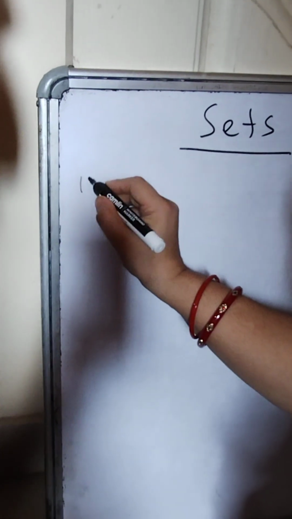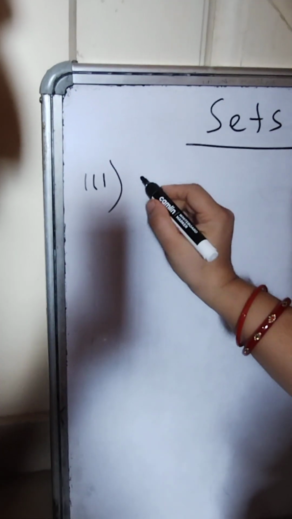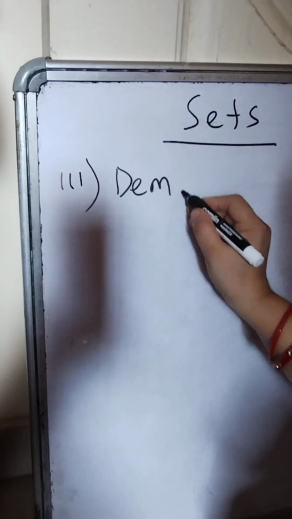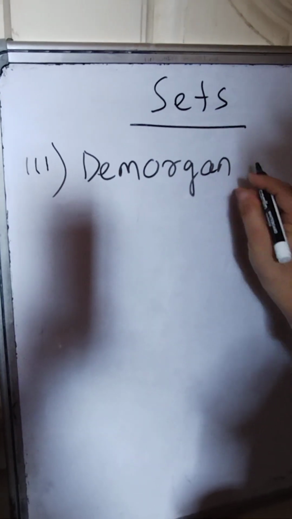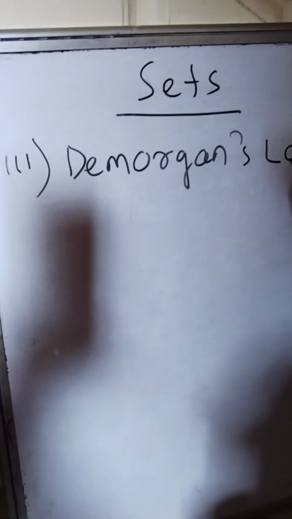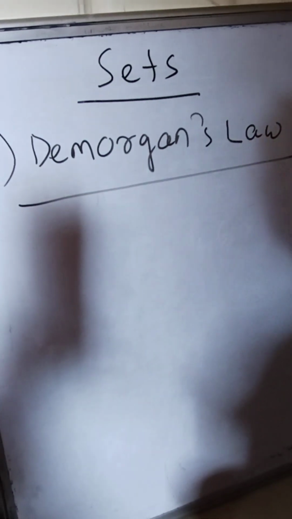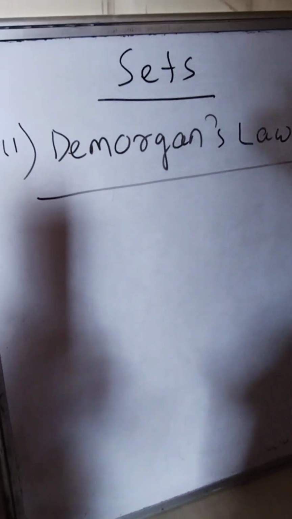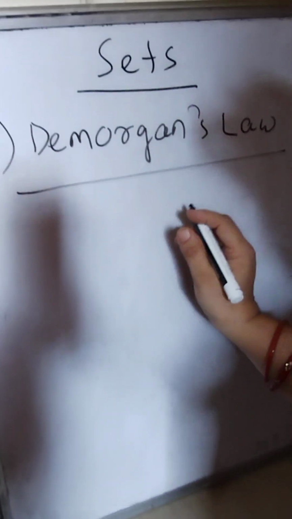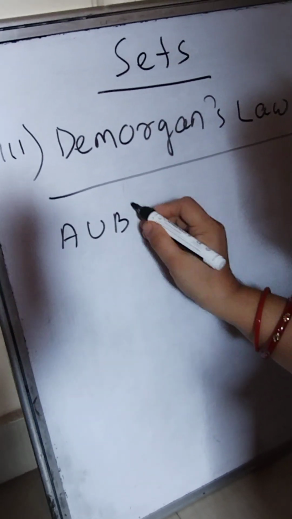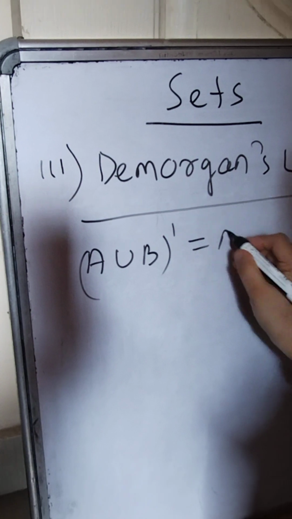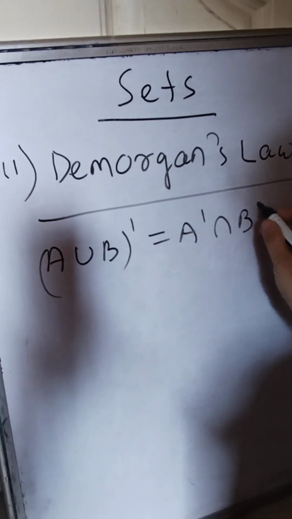Then the third property based on complement is one of the important laws, that is De Morgan's law. Based on the complement, first one is A union B complement is equal to A complement intersection B complement.